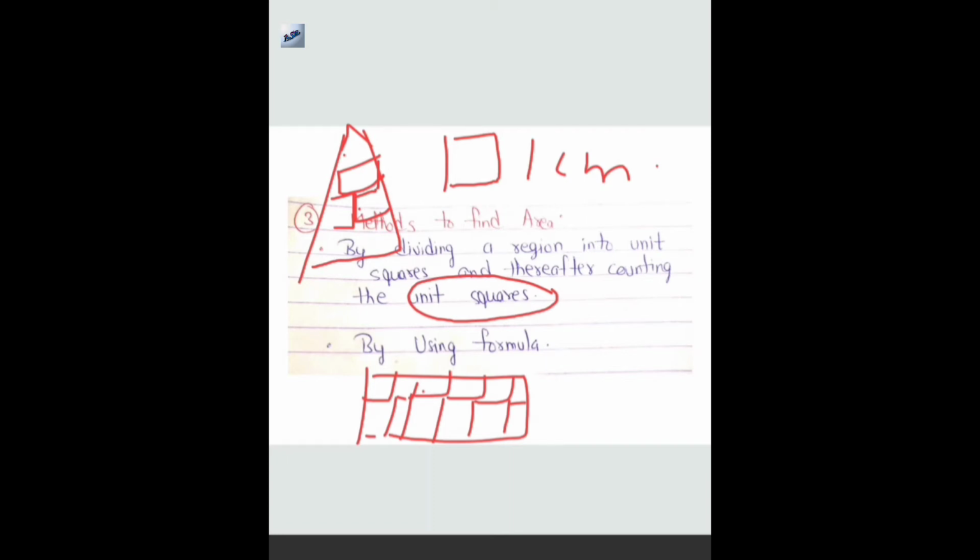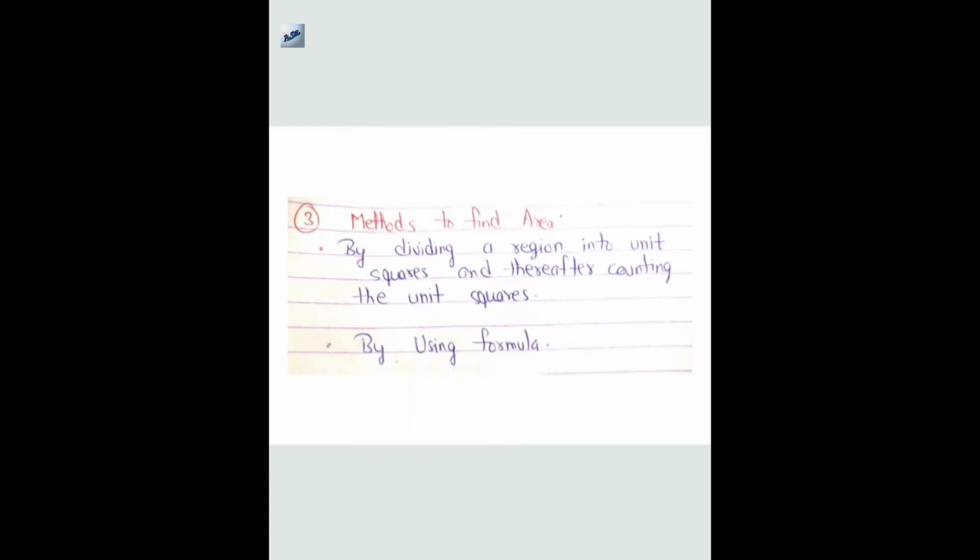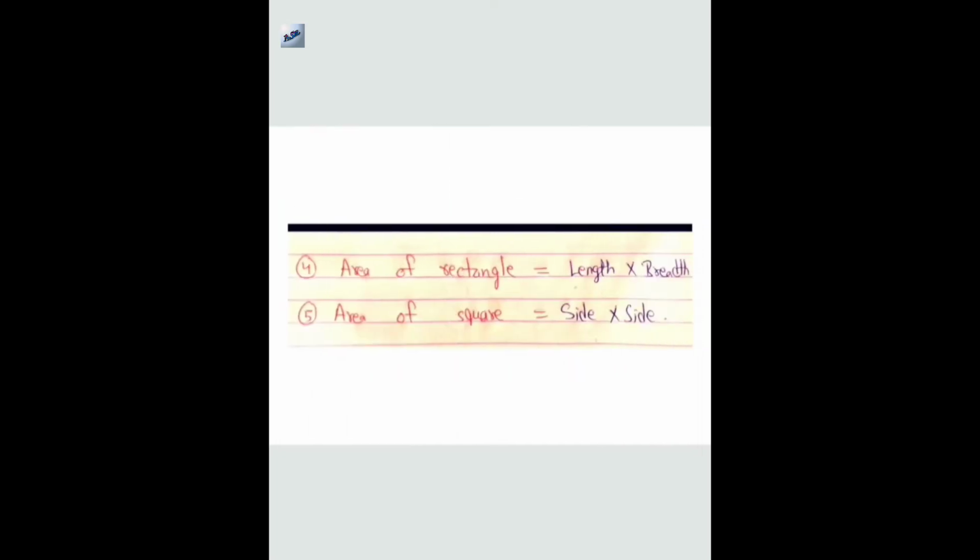But students, remember that this method is very lengthy and time consuming. Therefore we prefer the second method, just using the formula. We will follow this method in most cases, but here we will do one worksheet based on the first method also.